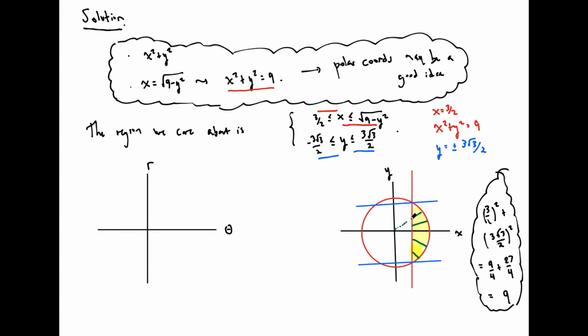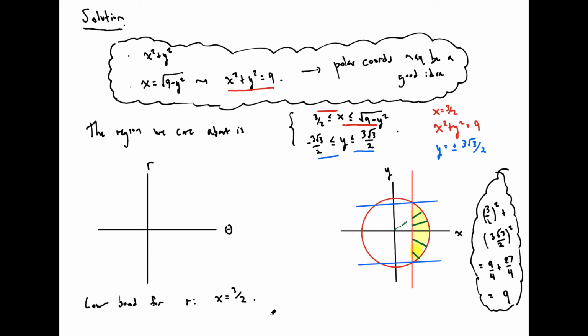The lower bound for each of these rays is determined by this vertical line. When I start walking from the origin, the first thing I hit is the vertical red line, and the outer bound is determined by the circle. So with my picture over here, I've visually identified that the lower bound is cut out by this vertical line. Well, that vertical line has equation x equals 3/2.